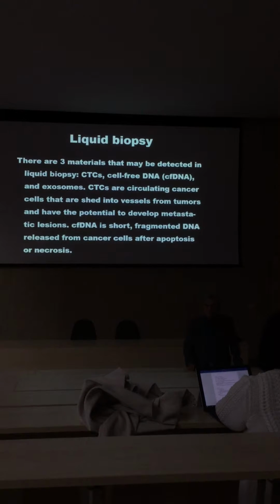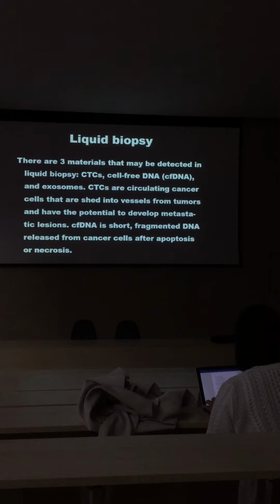It often is enough to take a blood sample, and that's called a liquid biopsy, or a CSF sample, or urine, which can also be used for detecting fragments of tumor DNA, RNA, cell fragments like exosomes, and get information about the tumor's characteristics.